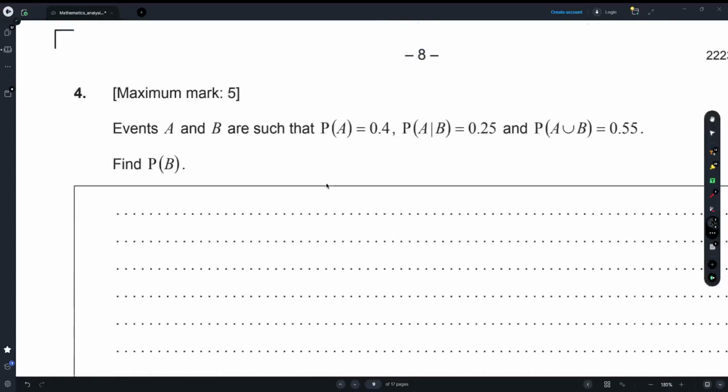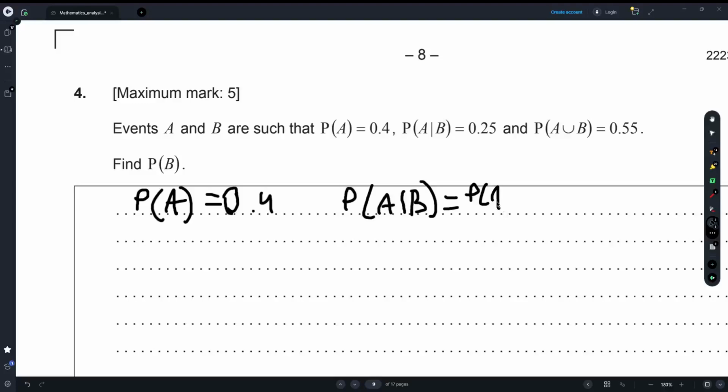Alright, probability question. This is pretty simple. We know that P of A is 0.4 and P of A given B, the conditional probability, is 0.25. We want to write this out as the formula, which is P of A and B all over P of B, and we know that this is 0.25.